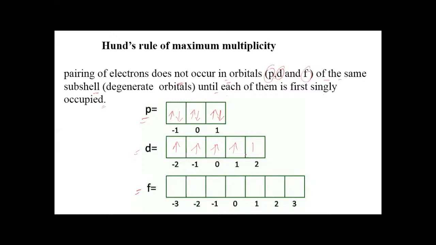After that, pairing will take place. According to the Pauli exclusion principle, each orbital can have a maximum of 2 electrons that must have opposite spin. Similarly, in the case of f, first we add 1 electron in each orbital, and after that pairing will take place.